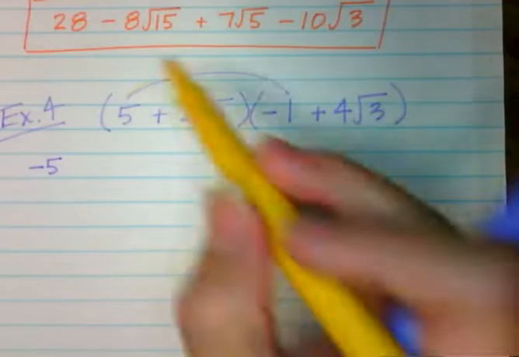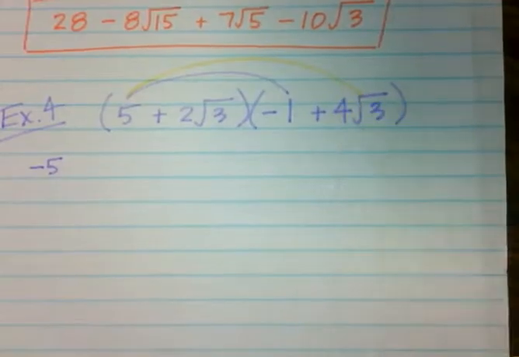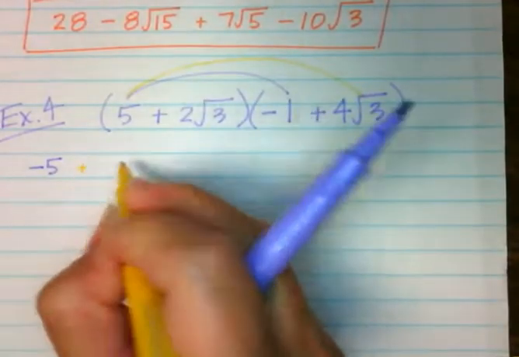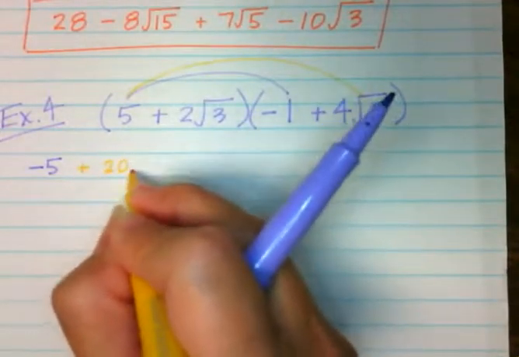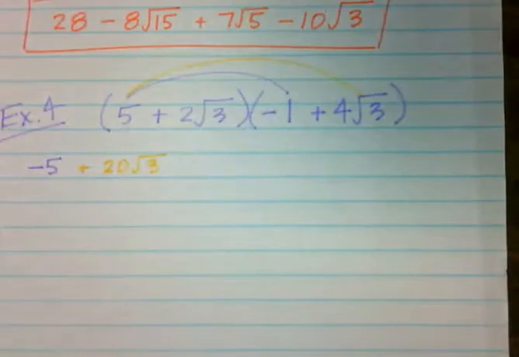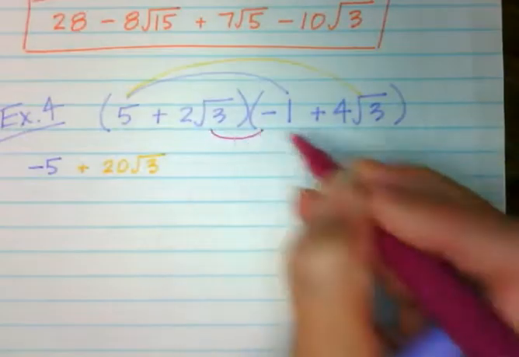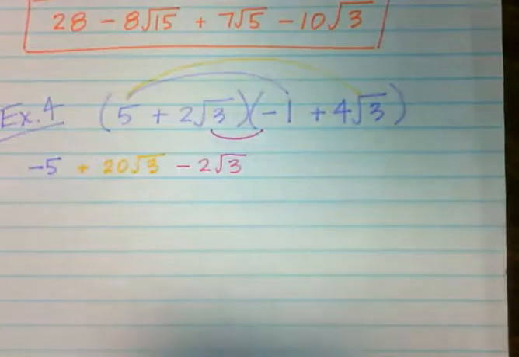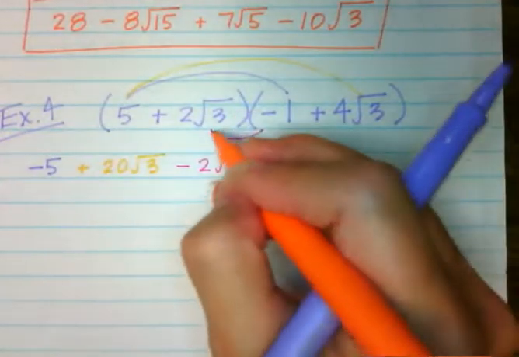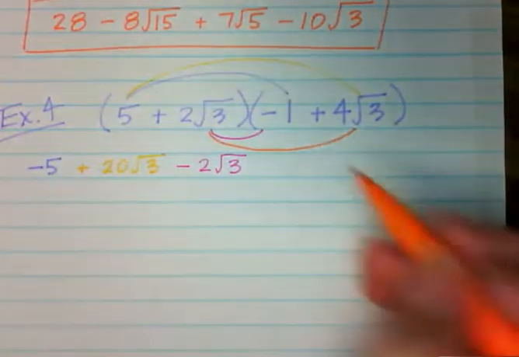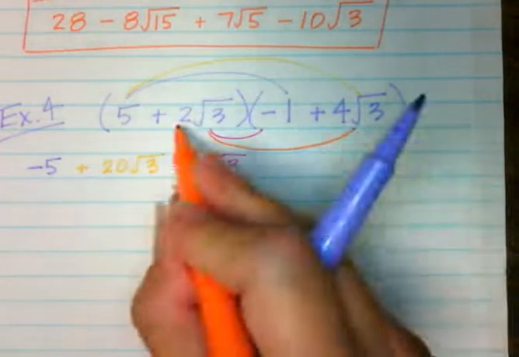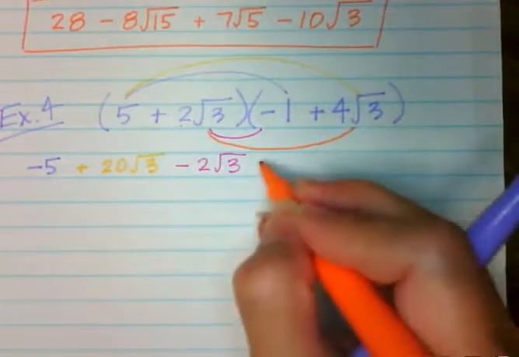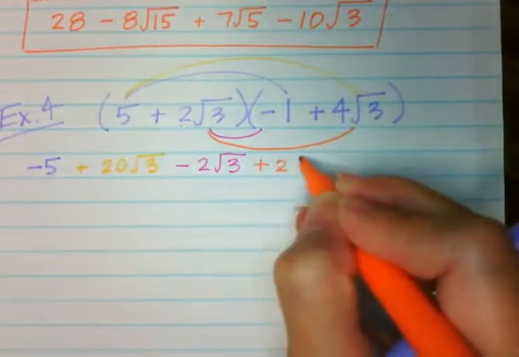All right, our outside terms multiplied together will be a positive 20 times the square root of 3. All right, our inside terms multiplied together will be negative 2 square root of 3. And then our last terms multiplied together, we multiply those two together, we'll have 8 times 3, which is a positive 24.